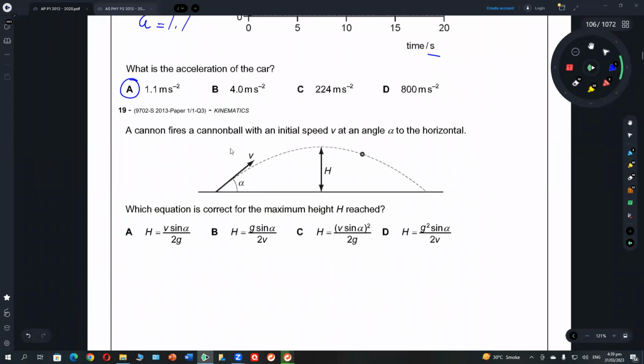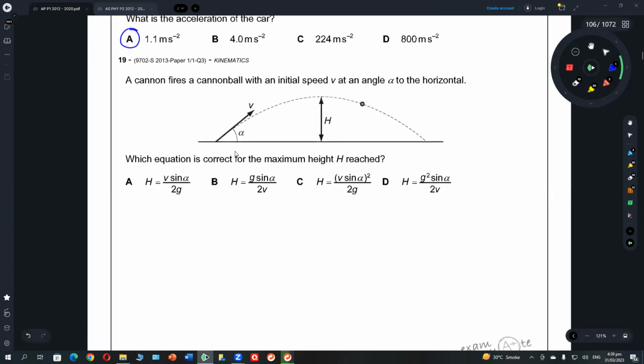A cannon fires a cannonball with an initial speed v at an angle alpha to the horizontal. This is a typical projectile question, and it is a type of derivation. When you launch a projectile, you can resolve the velocity like this.